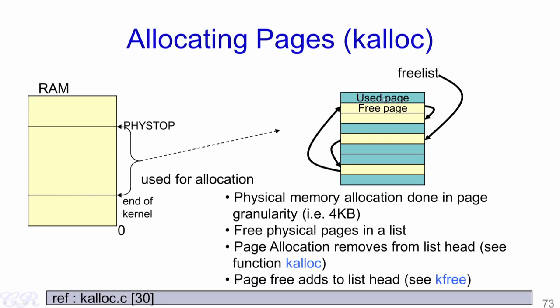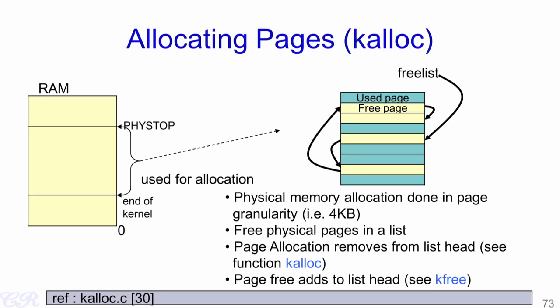The blue pages are utilized by either a user process or by the operating system itself, while the yellow pages are the ones which are free. All the free pages are linked together using a linked list, which is pointed to by a pointer known as the free list. The free list points to the head of the linked list, and all the free pages are linked together with this list.